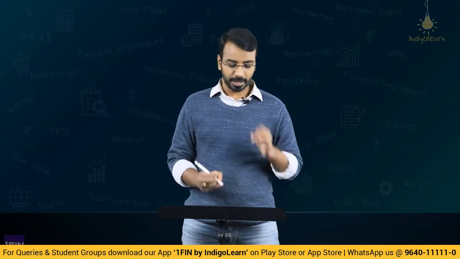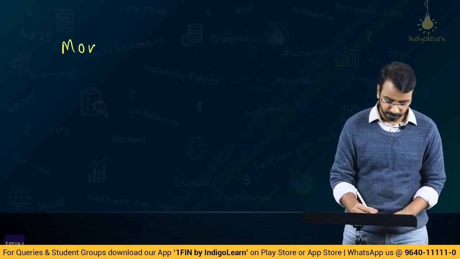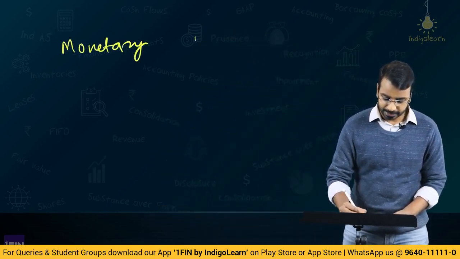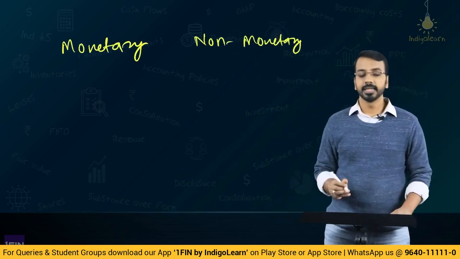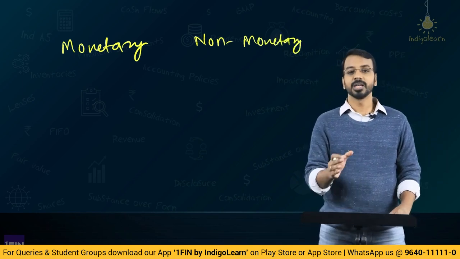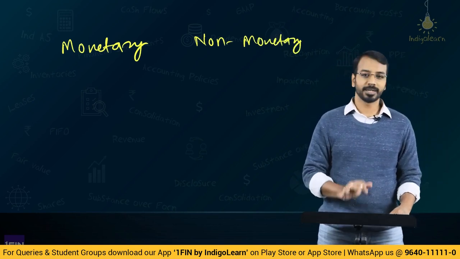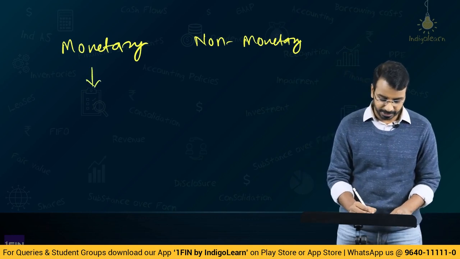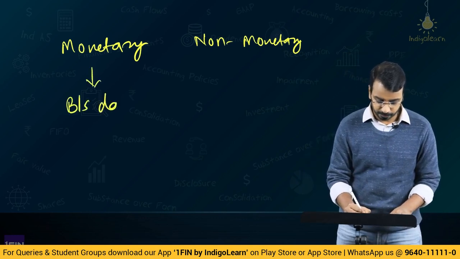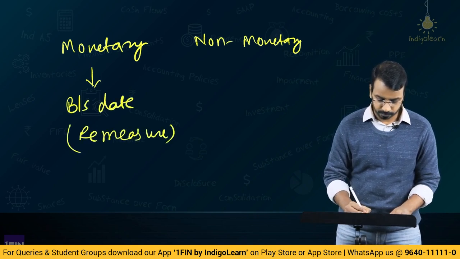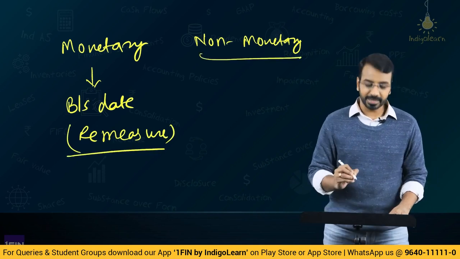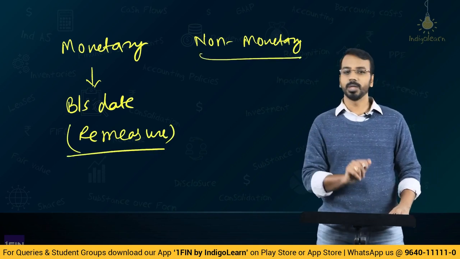Now, whenever there is a change in functional currency, there will also be an impact on the amounts already recognized. See, what happens is we have understood that there can be monetary items and there can be non-monetary items. Right? There can be monetary or non-monetary items which are denominated in foreign currency. For monetary items, at each balance sheet date, you will remeasure. There is no problem. But for non-monetary item, we said we have to take the historical cost only, right?